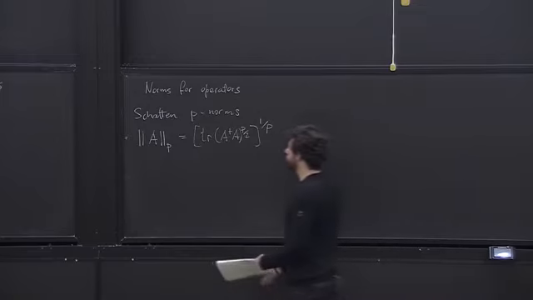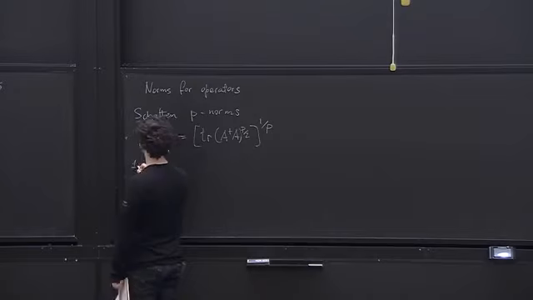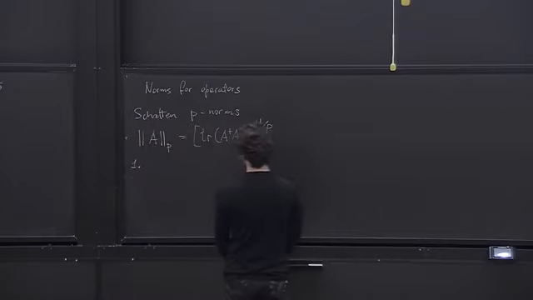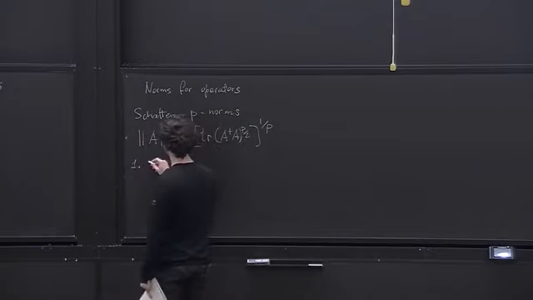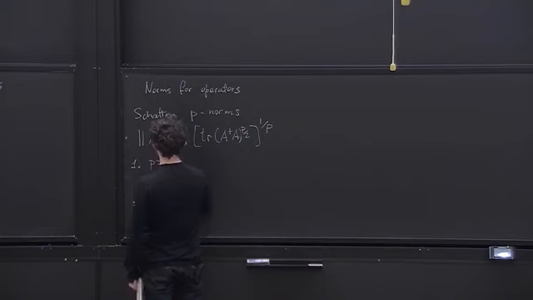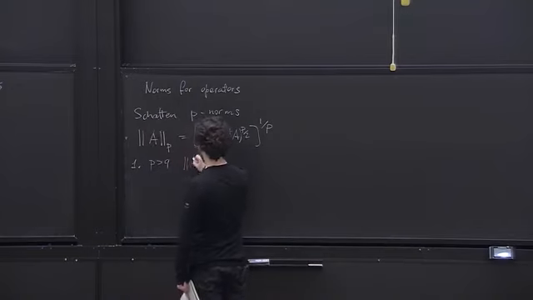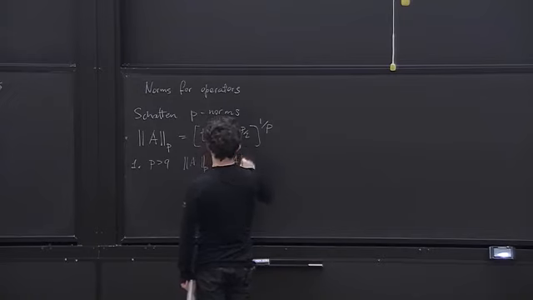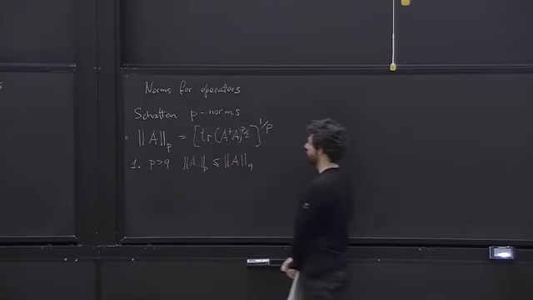These norms have two important properties. The first one is that if P is larger than Q, then the P norm of A is smaller or equal to the Q norm of A, so they are non-increasing.